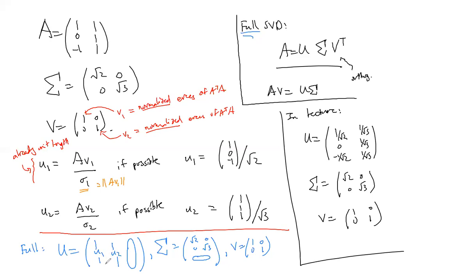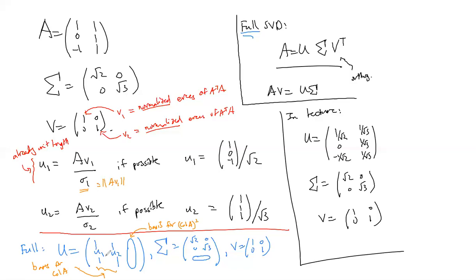They should be bases for the column space of A. So collectively, these two are bases for the column space of A. And then what this is, a basis for, I guess, the orthogonal complement of the column space of A. So you're kind of extending.